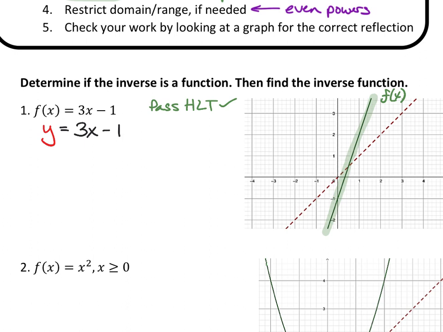My second step says to switch x and y. So literally just every time there was a y, you're going to put an x. And everywhere there was an x, you're going to put a y. Do we follow? Switch them up. At this point, we're looking at an equation that says x equals. We don't normally do that. We like them to say y equals. So we're going to make this say y equals.